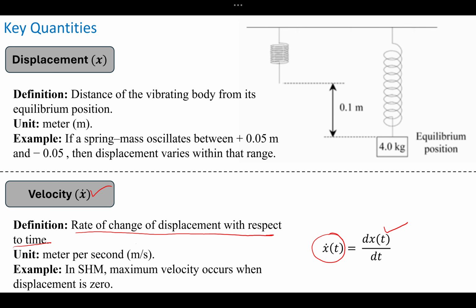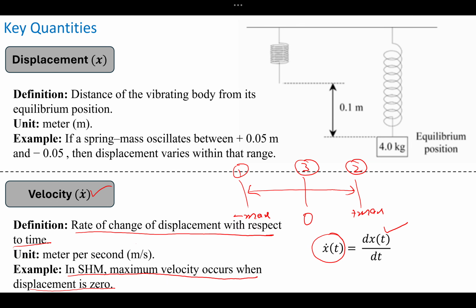So in simple harmonic motion, maximum velocity occurs when displacement is 0. If you are trying to oscillate a body between two extremes, you have, let's say, the 0 position, a plus maximum position, and a minus maximum displacement, and the body is vibrating within these positions.